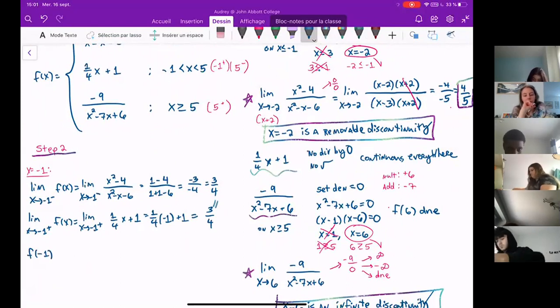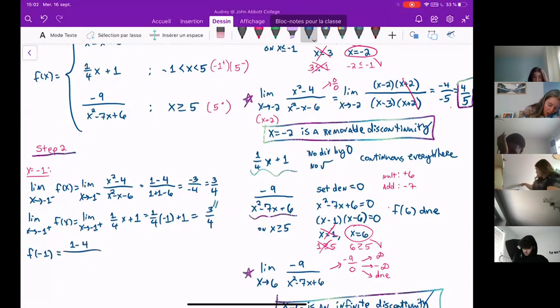What is f of -1? Am I plugging into top, middle, or bottom function? I'm plugging into the top function, you got it. So I have the 1 minus 4 over 1 plus 1 minus 6. That gives me a 3/4 as well.